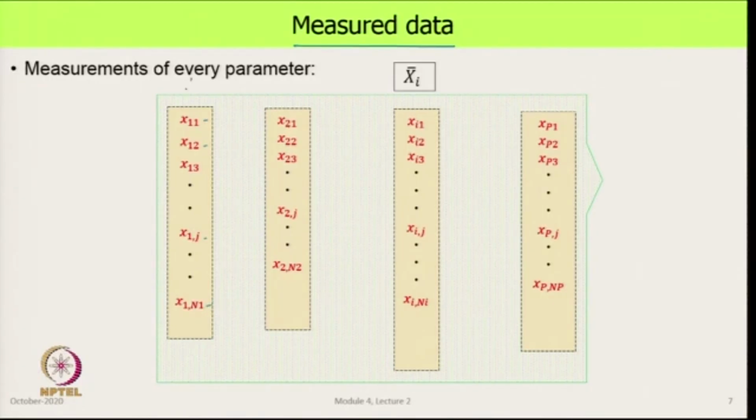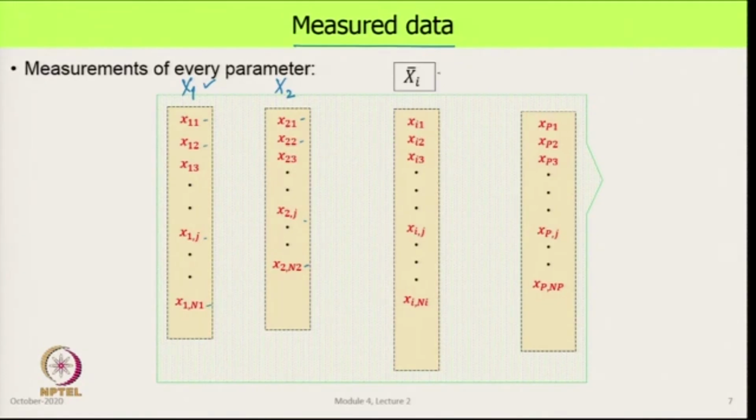So, for x1 parameter, maybe a pressure somewhere or a flow rate, we took so many readings under the same conditions, and this is one set of data that we have, and these are the measured values for x1. Similarly, for every other parameter in the experiment, we took that number of measurements. They may be same, they may not be the same.